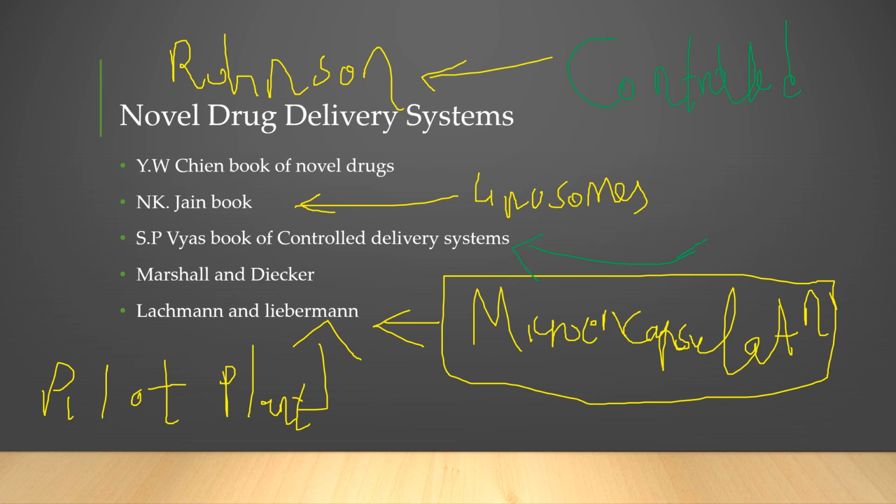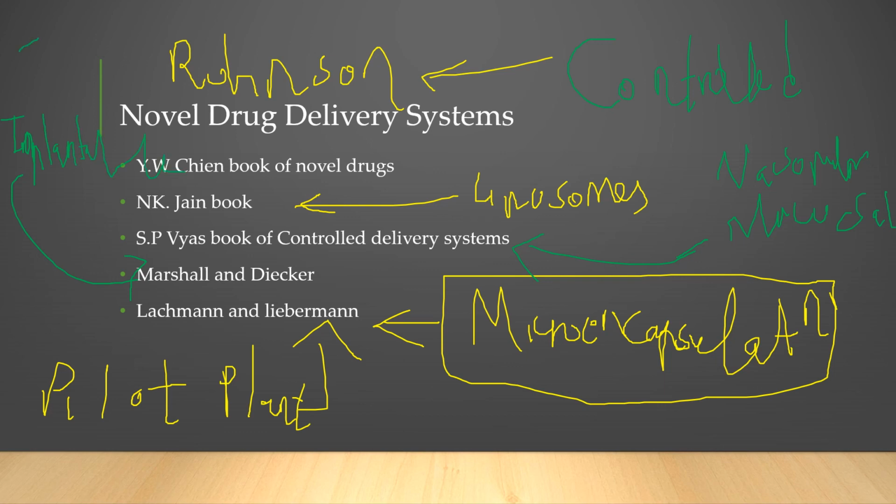You would also find many similar topics in this book, like the mucosal drug delivery system, the mucoadhesive system, nasopulmonary system. In Marshall and Decker, again you have implantable drug delivery system, very nicely given.